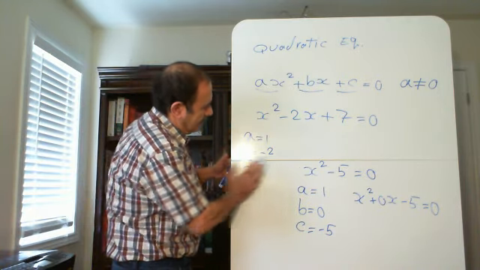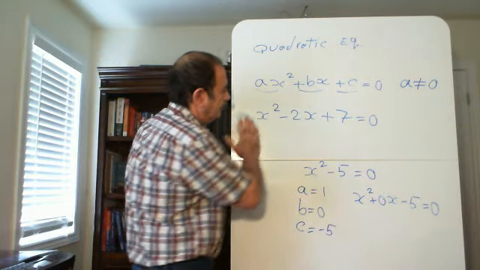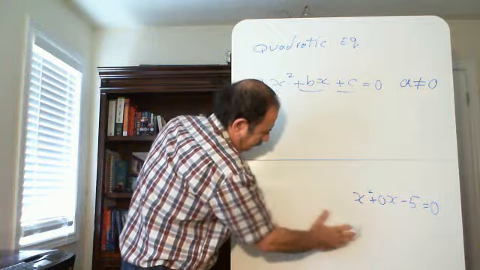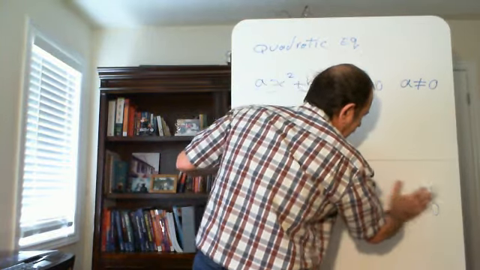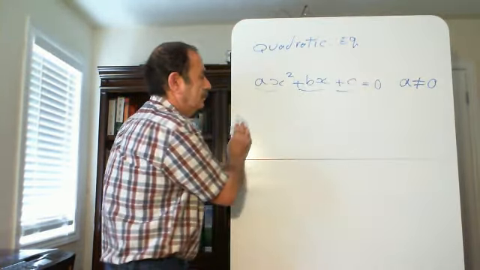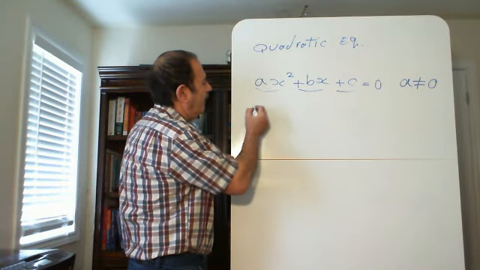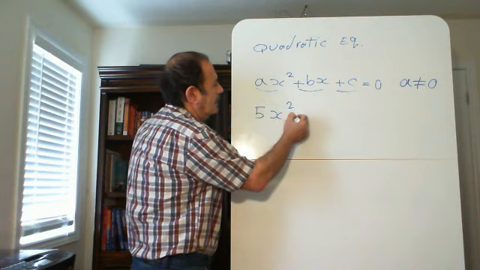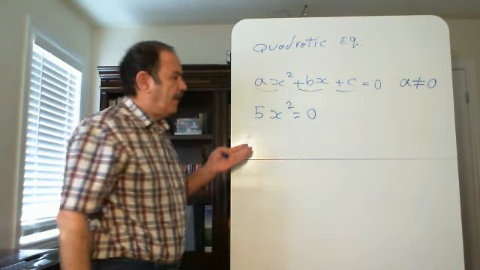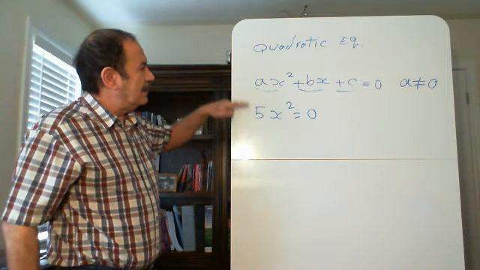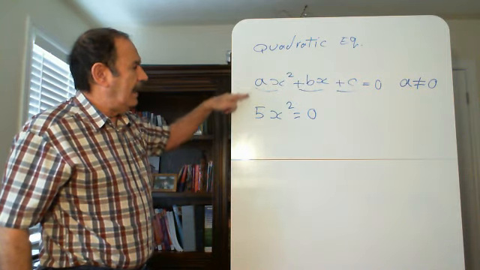Another example. Let me erase this one. 5x squared is equal to 0. Is this one a quadratic equation? Compare this one with the top one. a is 5.